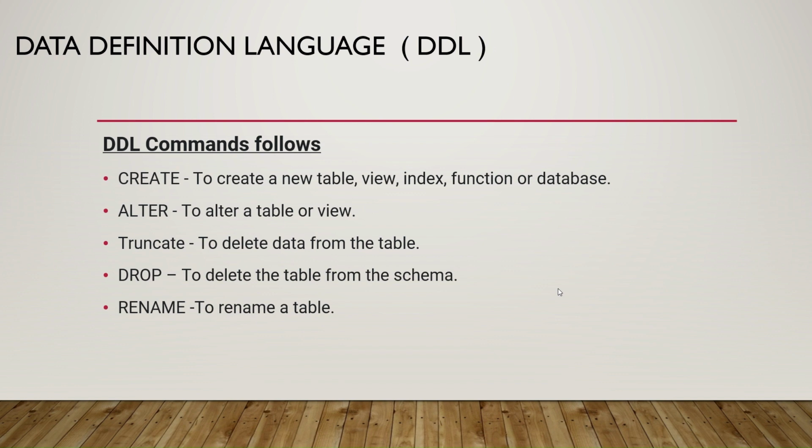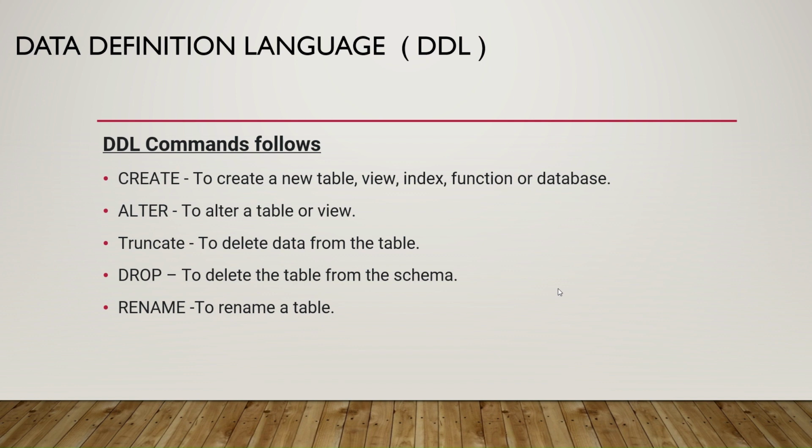Data definition language. Under data definition language, we have the create command, which is used to create new DB objects. It could be a table, view, index, function, or database. Then the alter command, which is used to alter the table or view. The truncate command is to delete the data from any table.